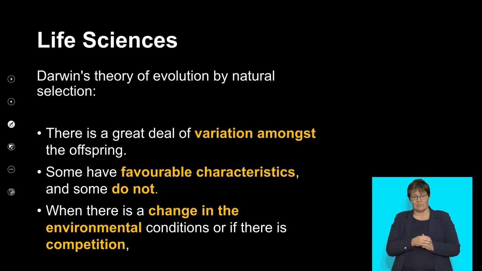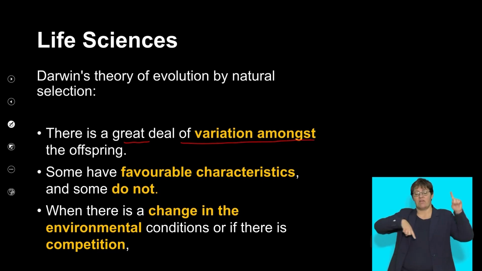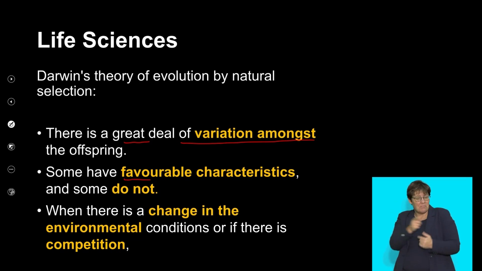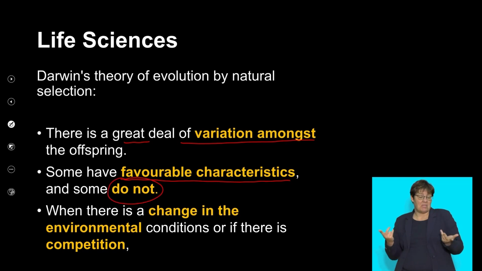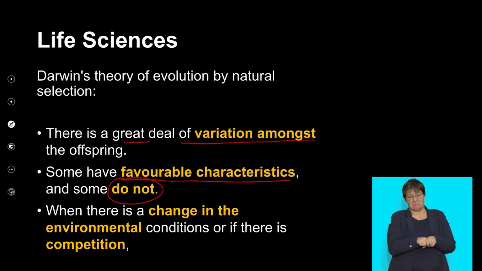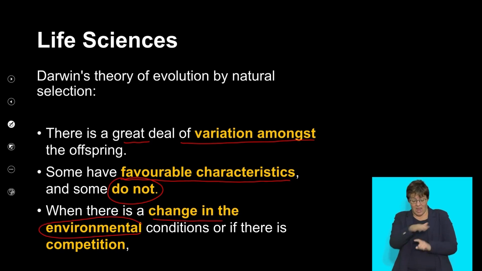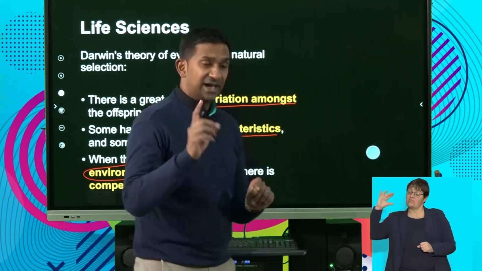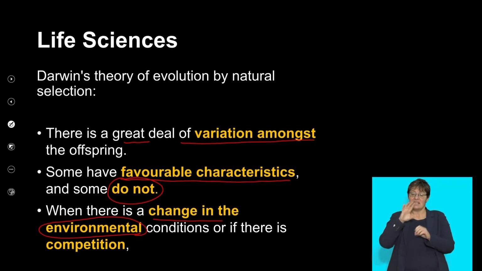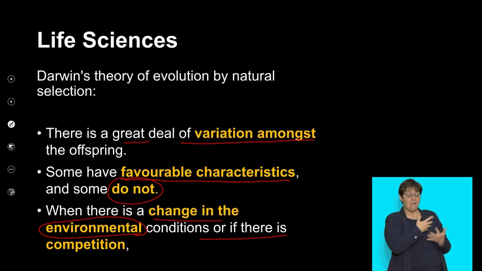As we wrap this segment up, Darwin's theory talks about a great deal of variation amongst the offspring, and we know that some of these give individuals favorable characteristics, whereas others do not. We've seen that the light-colored mice do not have that feature. When there is a change in the environment or a selection pressure, which here is the predator bird, some of them are less likely to survive while others survive.